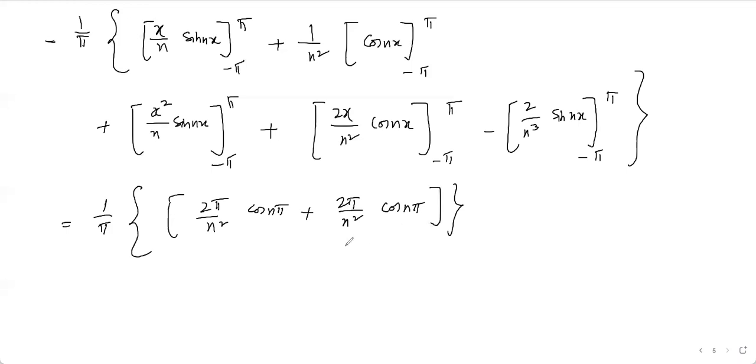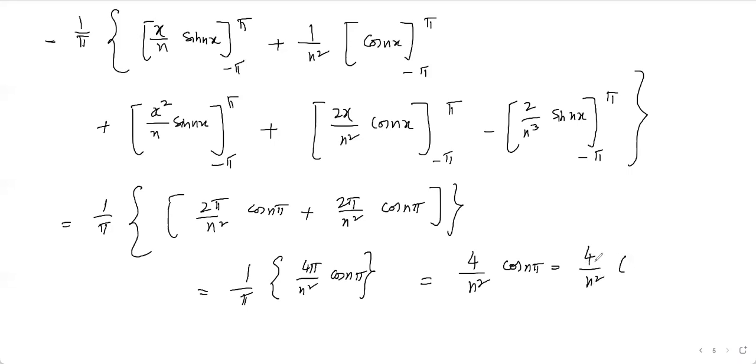Now this would be 1 by pi times 4 pi by n squared cos n pi. Now this would be 4 by n squared cos n pi. Cos n pi can be written as minus 1 to the power of n. So your an is 4 by n squared minus 1 to the power of n.